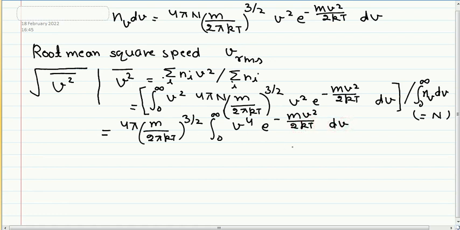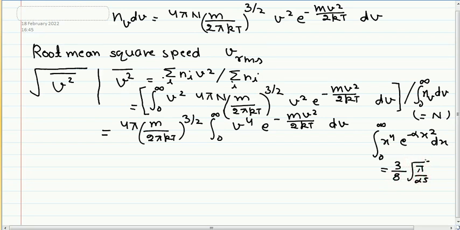So to calculate this integration we will again use the standard value. The standard value is integral 0 to infinity x to the power 4 e to the power minus alpha x square dx is equal to 3 by 8 under root pi by alpha to the power 5.